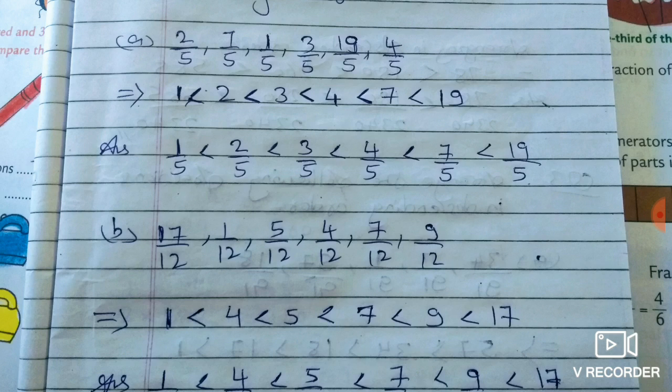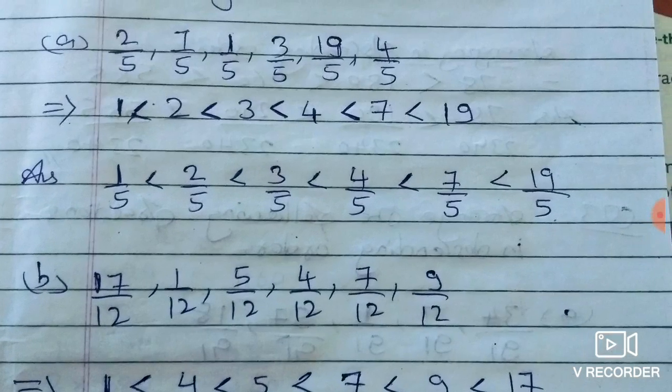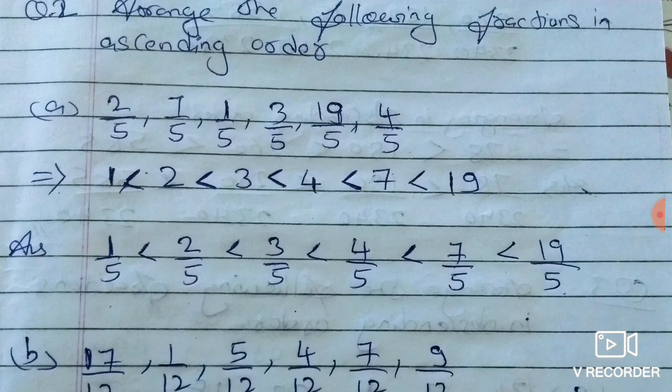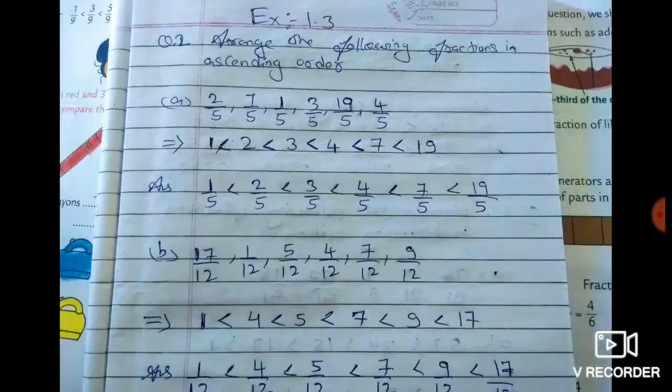Then write 1 smaller than 2, smaller than 3, smaller than 4, smaller than 7. The last answer: write 1 upon 5 smaller than 2 upon 5, smaller than 3 upon 5, smaller than 4 upon 5, smaller than 7 upon 5, smaller than 19 upon 5. So like this we arrange the fractions in ascending order.